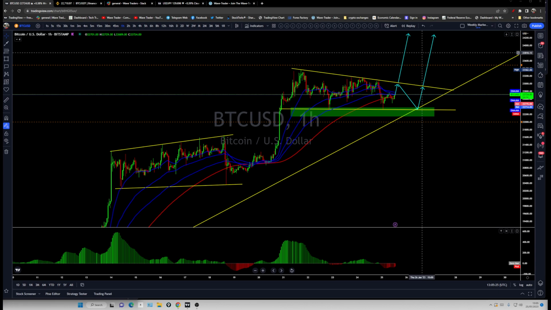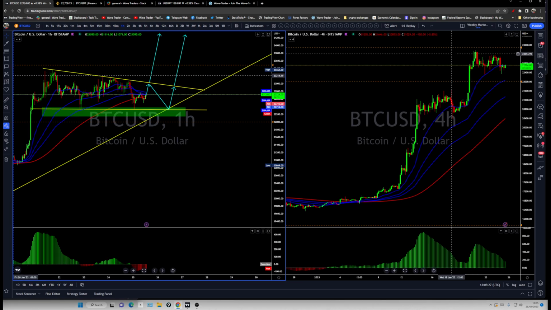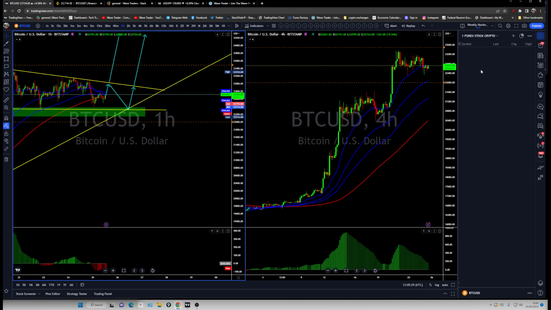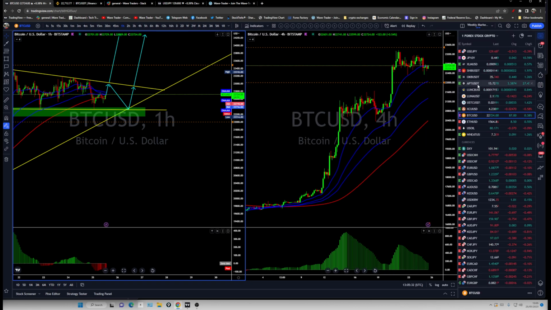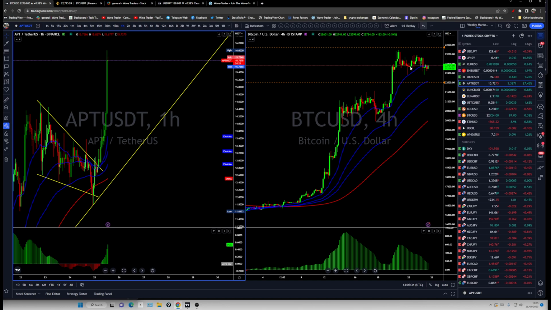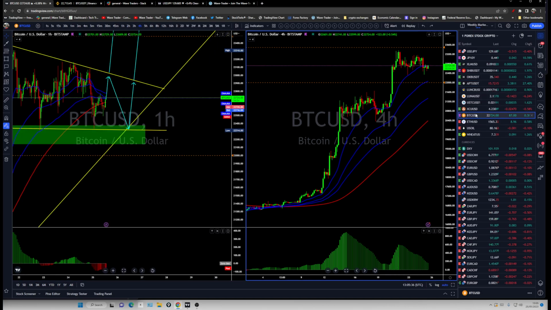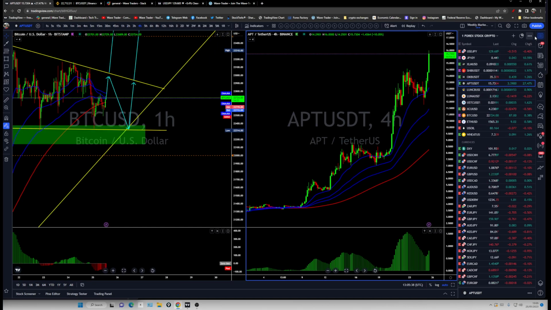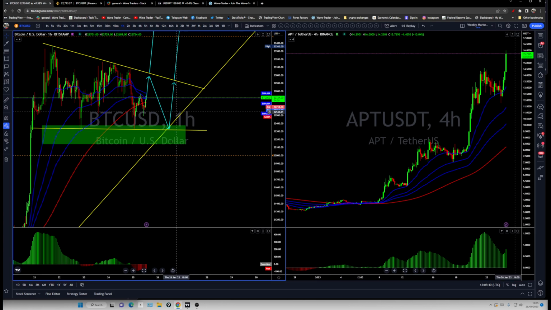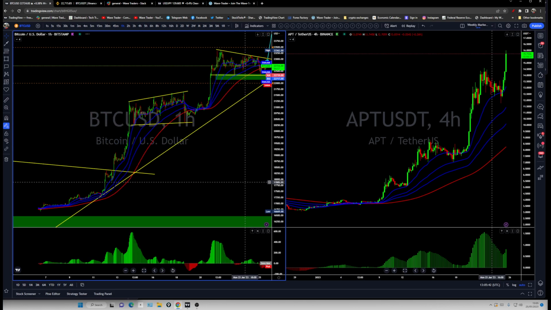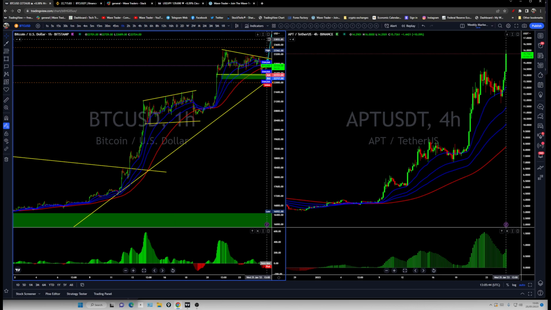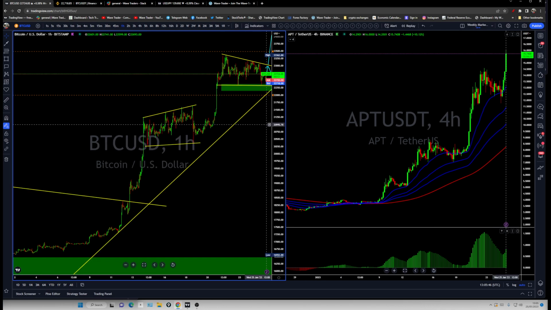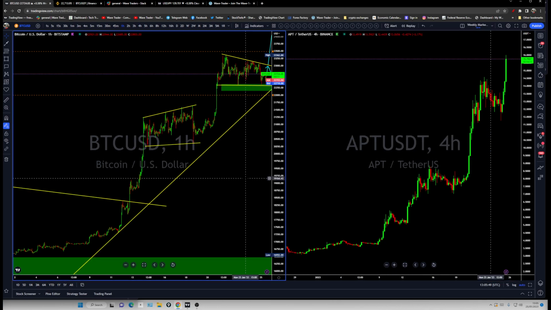Now let's look at the coin which is leading us over there, where we may see a breakout. I'm going to open that APT and look at this chart, and let me remove those moving averages.